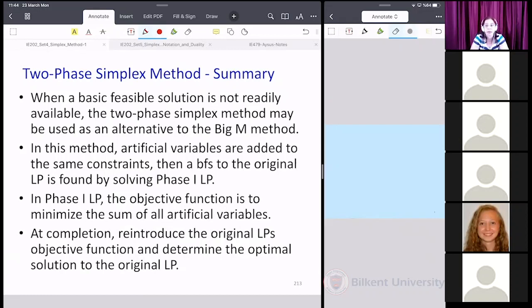Once you optimize, you complete your simplex algorithm. You can't do any further iterations. You check if your artificials are still with you or not. If artificials are still in the basis with positive values, that means your original problem is infeasible.